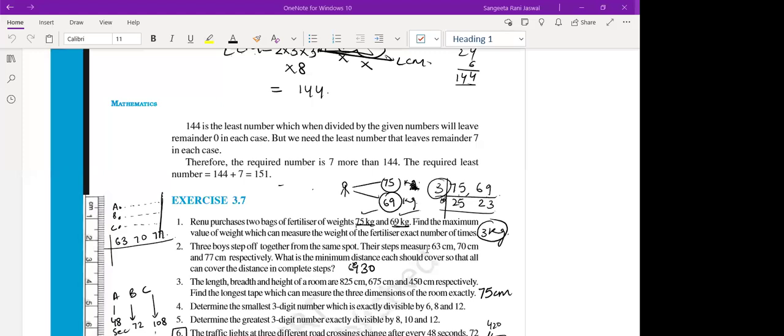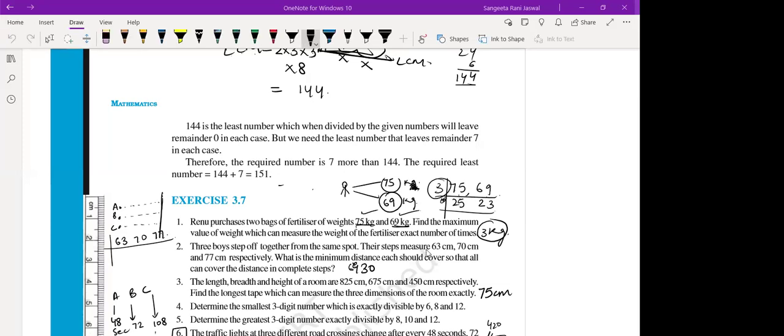Suppose you have to take that small container which can measure these two big containers holding 75 kg and 69 kg exactly. So for that purpose, you will take the factors of this, the factor which is common and highest of all.